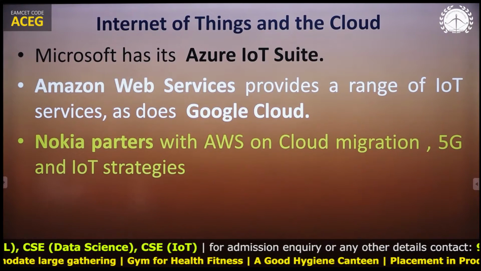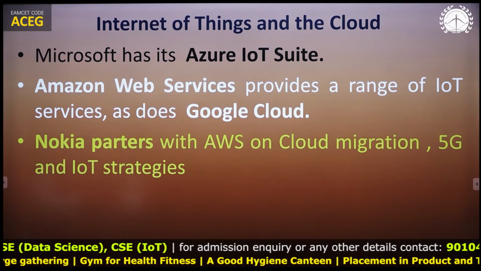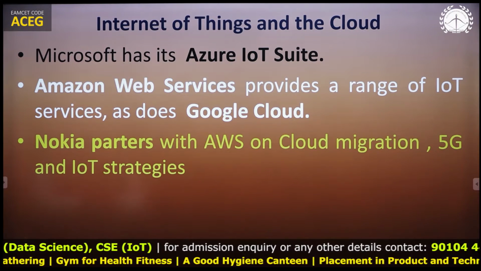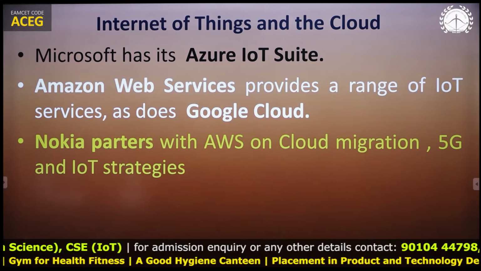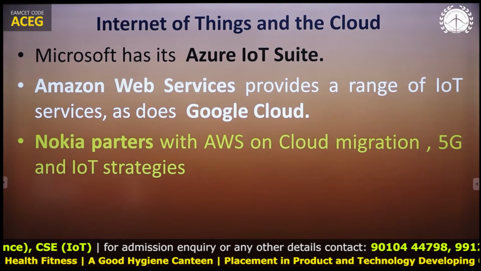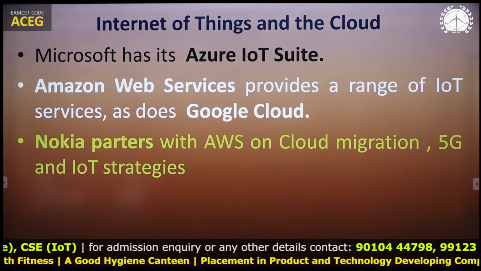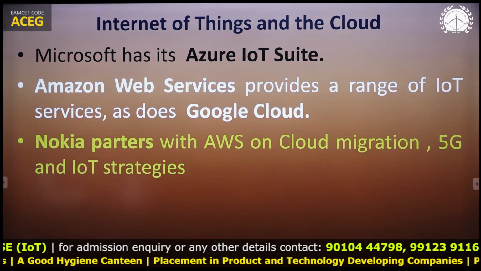IoT students need cloud computing knowledge also, because big companies like Microsoft have their own Azure IoT suite, Amazon uses Amazon Web Services, AWS, and Google uses Google Cloud. So we are including cloud computing as a part of the IoT syllabus here.